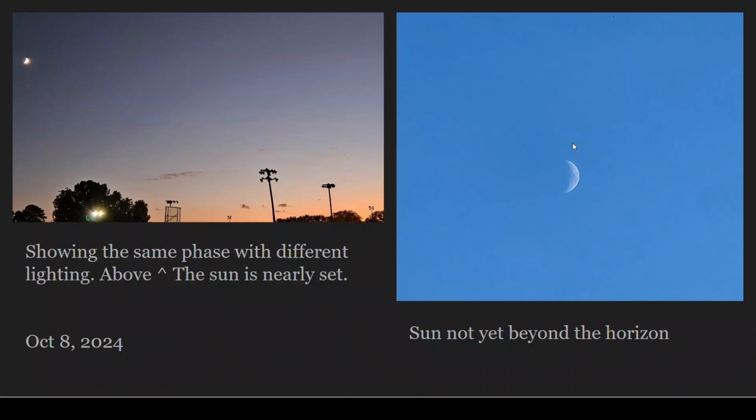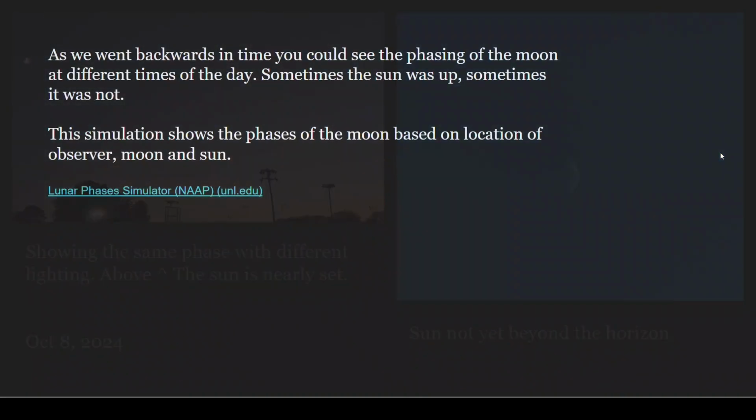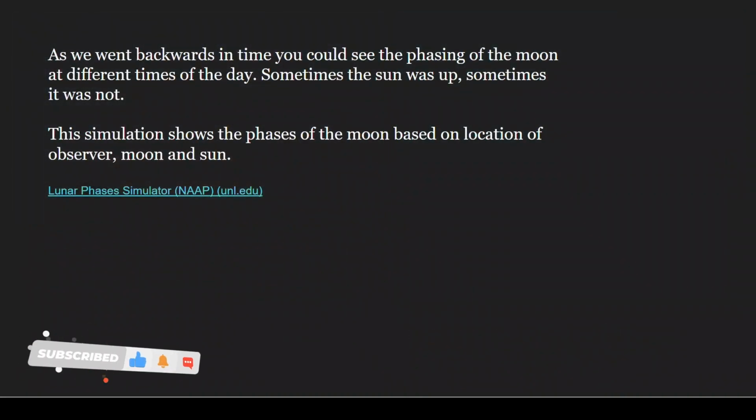Then, over here, the sun is still up, an hour prior to the photo on the left. The timeline in the slides went backwards in time, starting with the waning crescent on October 18th, all the way back to the waxing crescent on October 8th.